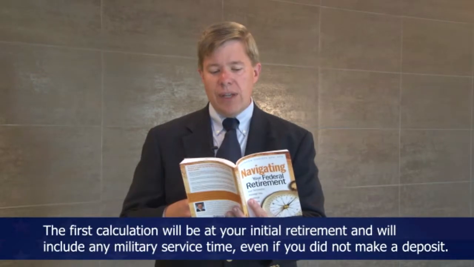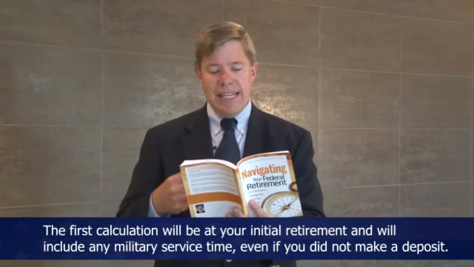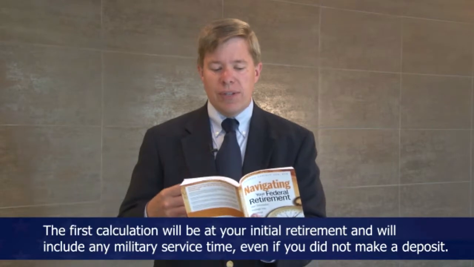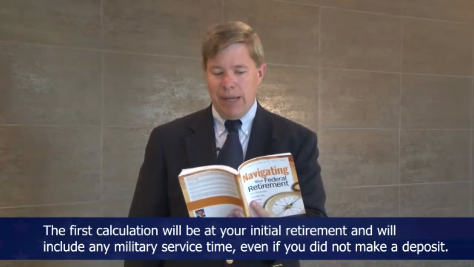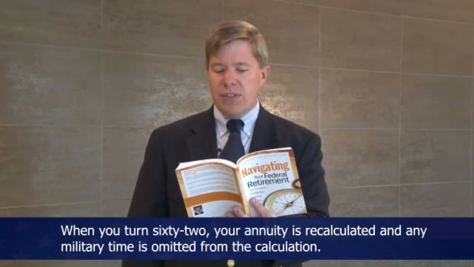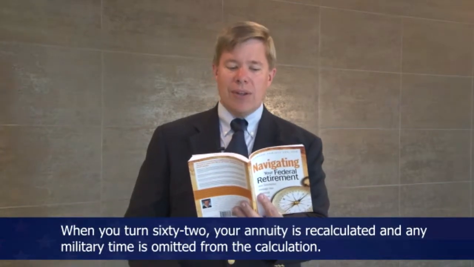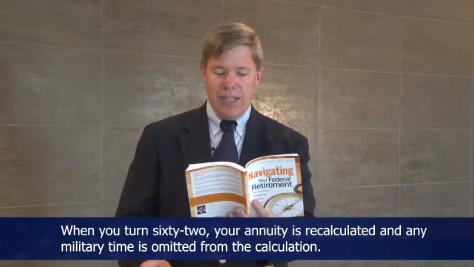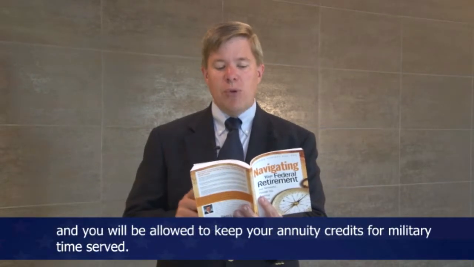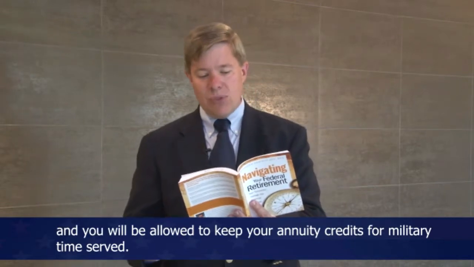The first calculation will be at your initial retirement and will include any military service time, even if you did not make a deposit. When you turn 62, your annuity is recalculated and any military time is omitted from the calculation. If you are not eligible for Social Security at age 62, then your annuity will not be calculated twice, and you'll be allowed to keep your annuity credits for military time served.